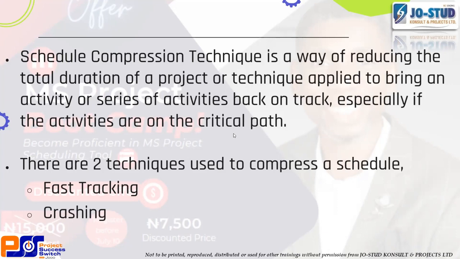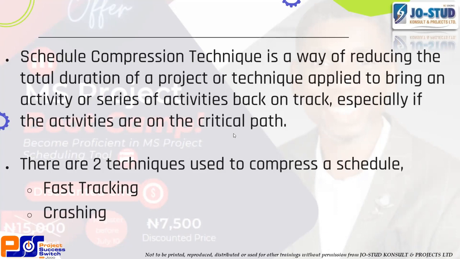If you have that kind of case, I say the first thing you do is to go to your network diagram, which is what I will show us today. Look for your critical path. Check if the activity that is in question is on the critical path. If the activity is on the critical path, that is when you will use the schedule compression technique.